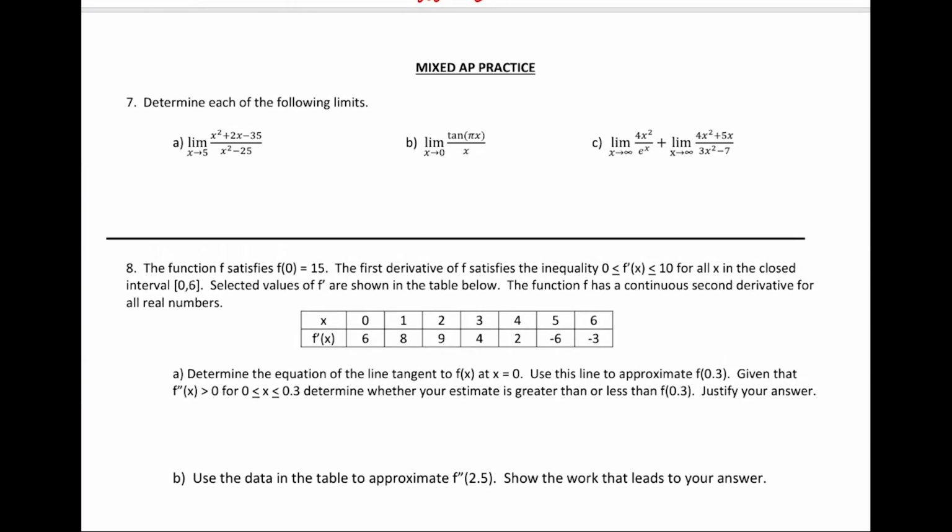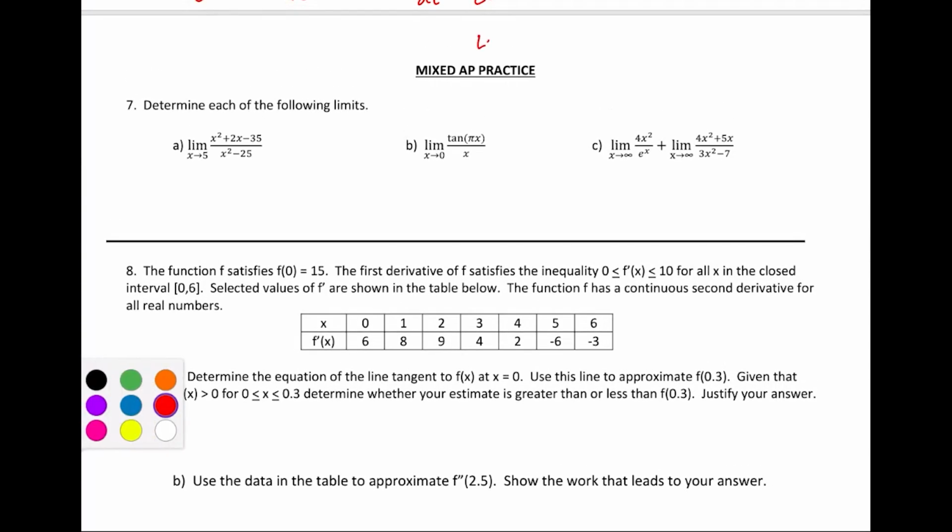So basically, here's what L'Hopital's rule says.